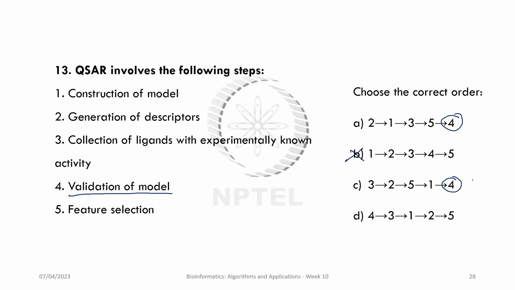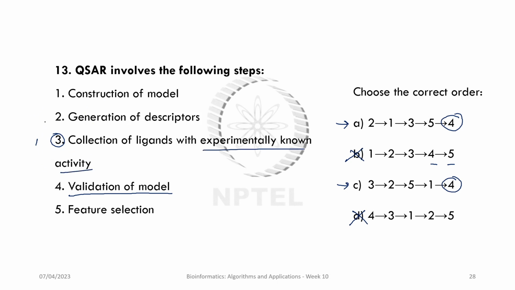You will not validate a model and then feature select, or validate the model and then do all the other steps. So therefore B and D can be removed. Amongst these two options, if you're aware of the right process of QSAR, anybody would know that the first step is the collection of ligands with experimentally known activity.